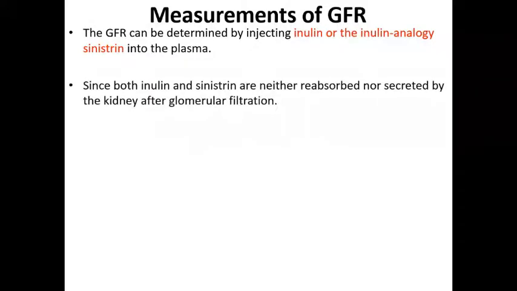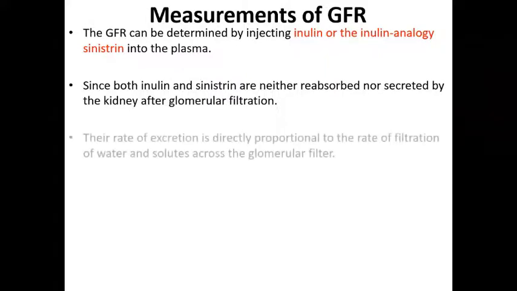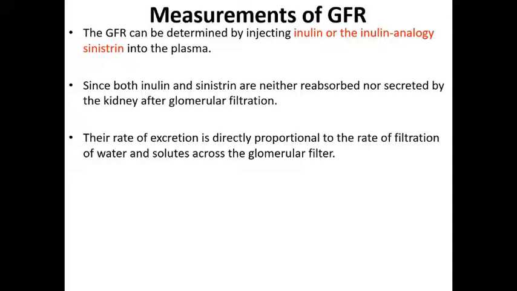Since both inulin and sinistrine are neither reabsorbed nor secreted by the kidney after glomerular filtration, it means that what you get as your final concentration will be what was filtered by the glomeruli. So their rate of excretion is directly proportional to the rate of filtration.